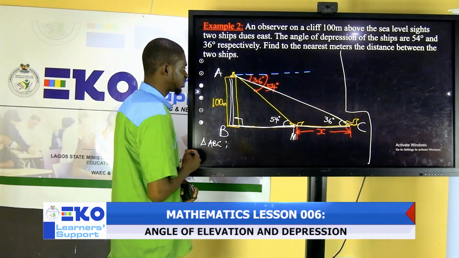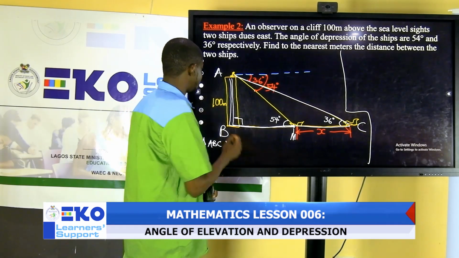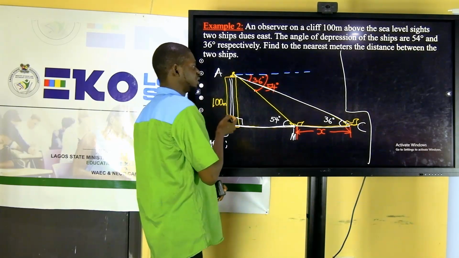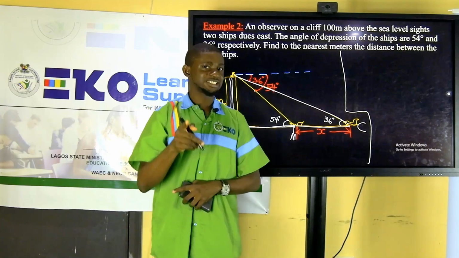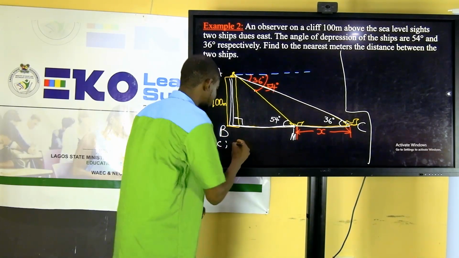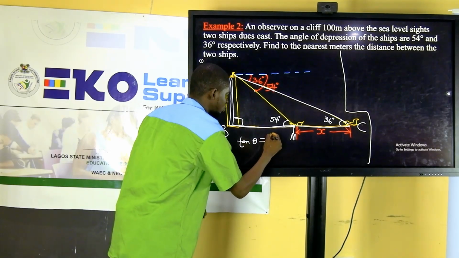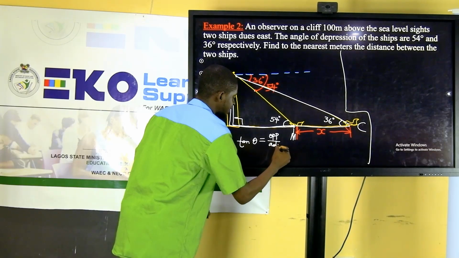from that triangle ABC, using our trigonometrical ratio, we have the angle and the opposite side. We need the adjacent side. So opposite and adjacent, TOA, that's tan. So that gives us tan theta is equals to opposite divided by adjacent.